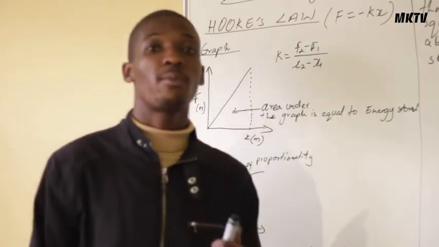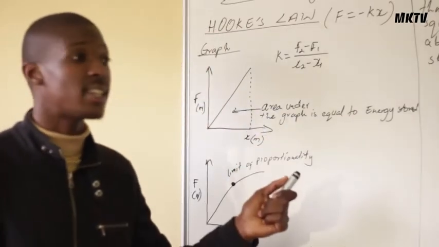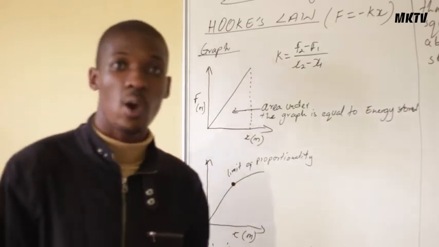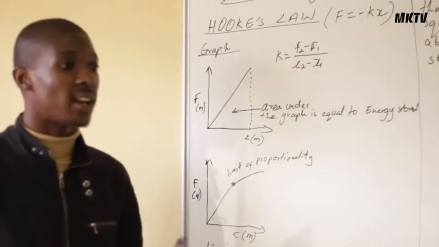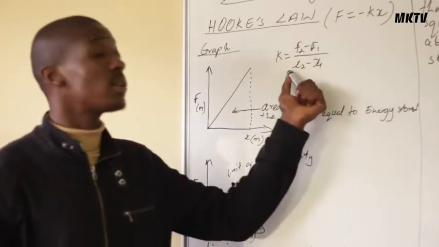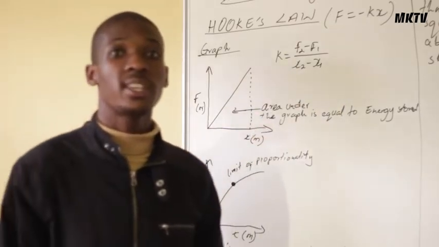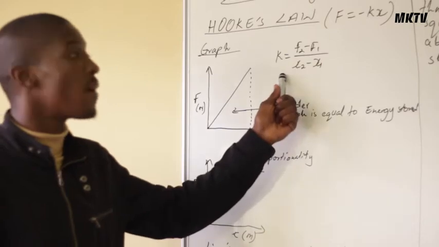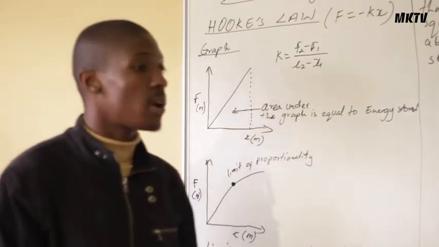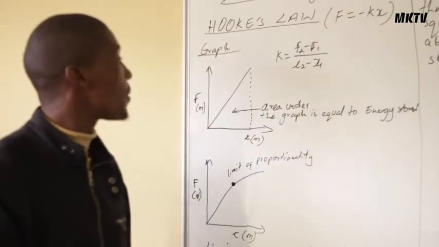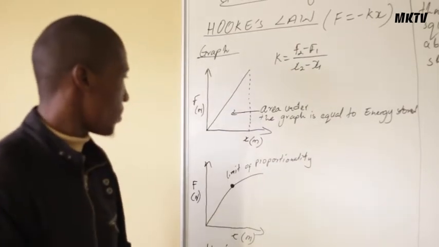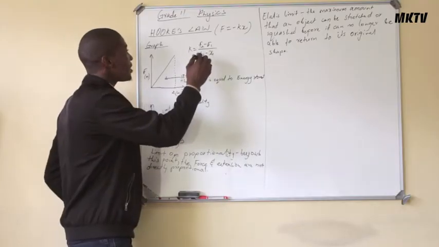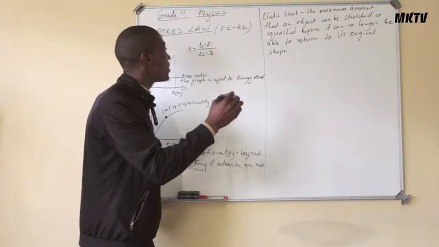From mathematics, we know that the gradient is the steepness of the graph. When calculating the gradient, we take the coordinates from the graph. Let's take maths for example.